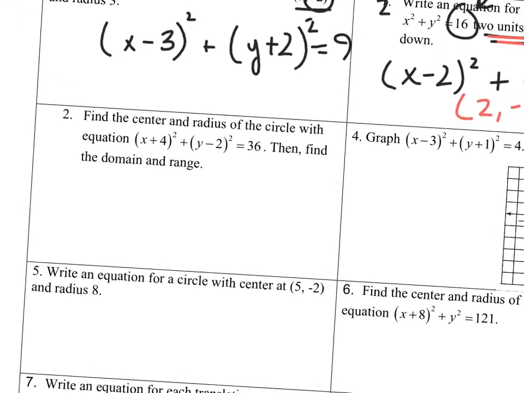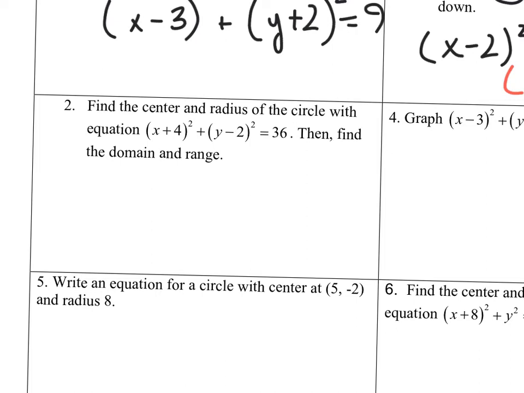Number 2, find the center and radius of a circle. My center is going to be at (-4, 2). The radius is the square root of 36. And then find the domain and range. I'm going to draw a sketch of this, I think it'll be helpful to talk about the domain and range here.